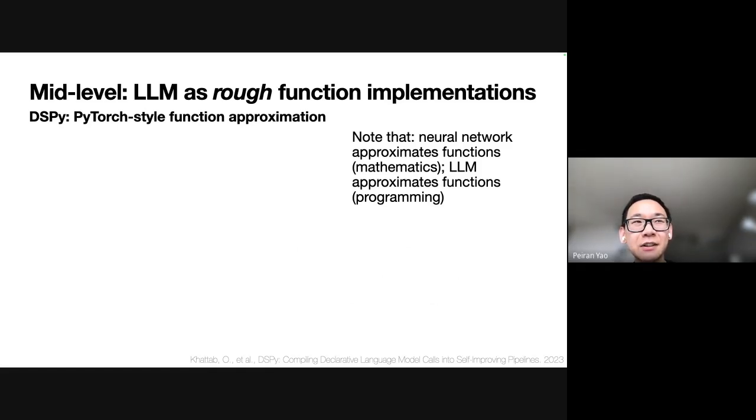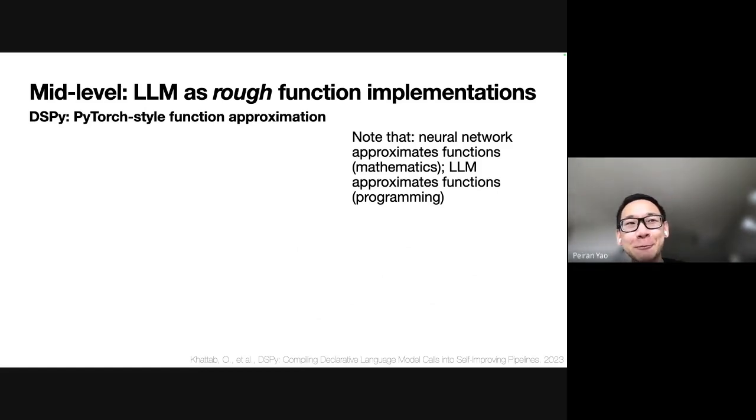They are making the analogy that an LLM approximates functions in the sense of computer program functions, and neural networks approximate functions in math, where the domain is real numbers and it maps real numbers to real numbers.